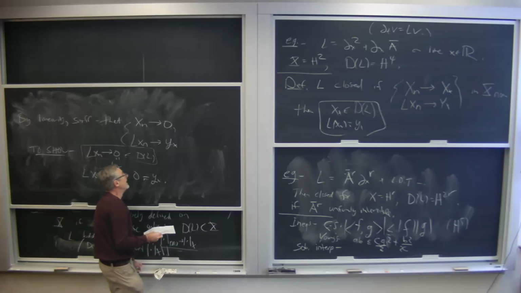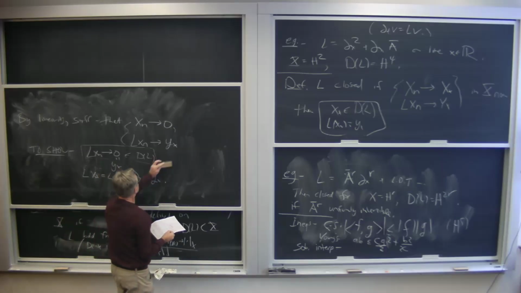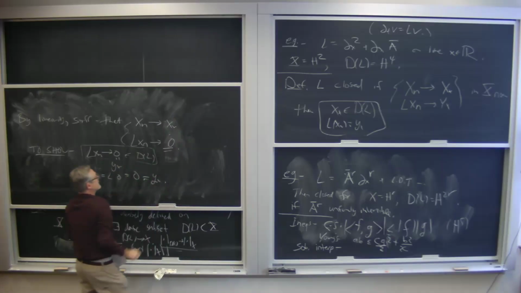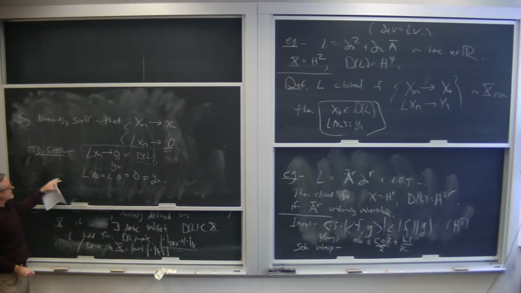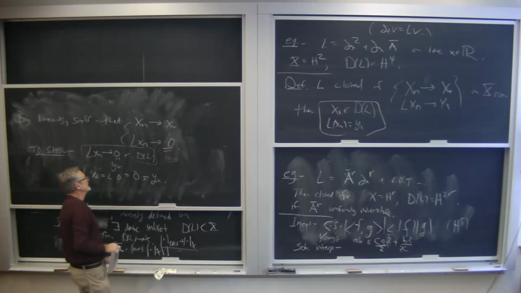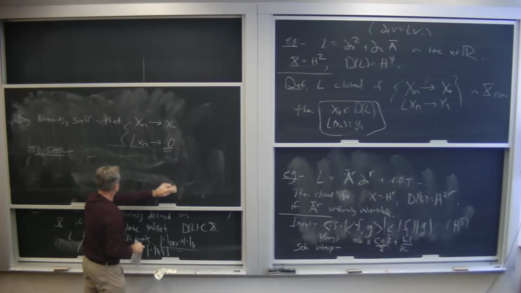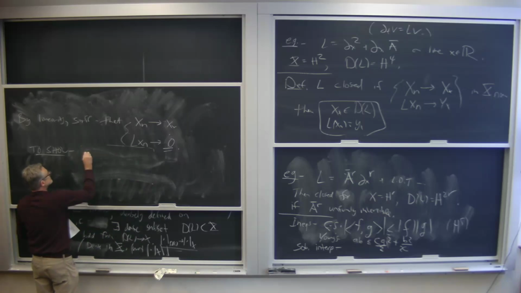Sorry. It's precisely the reverse. It's enough to treat this case. Then I want to show that xn goes to 0. Why don't you go in the opposite direction?